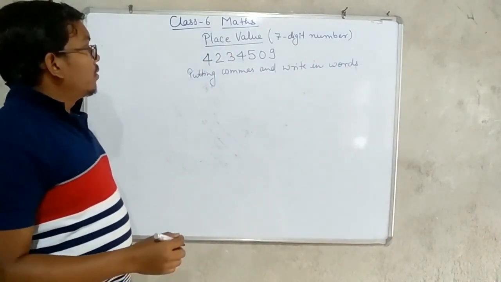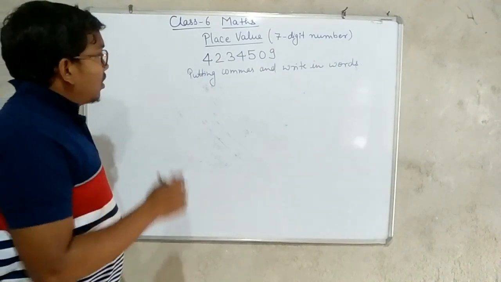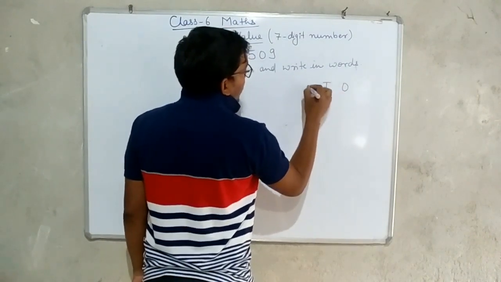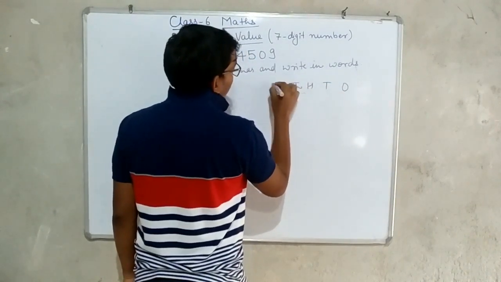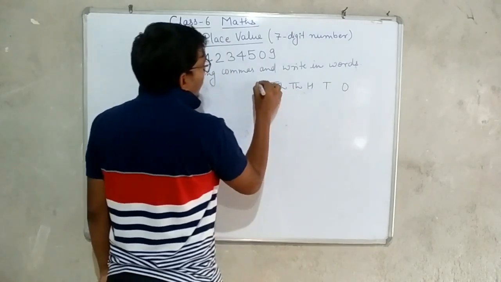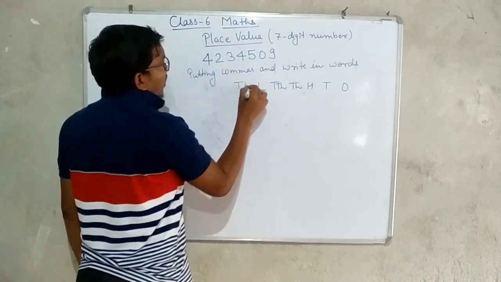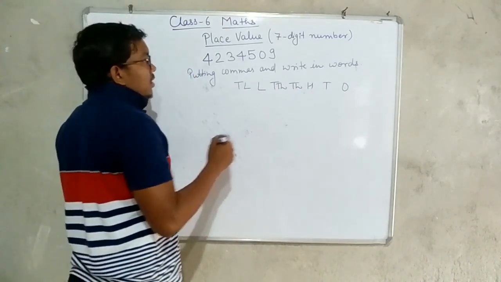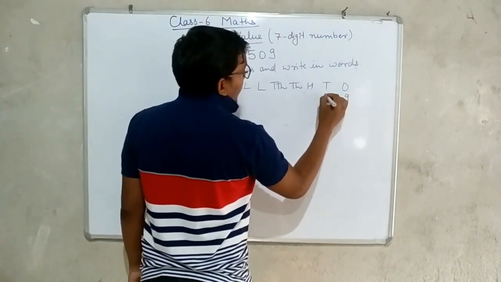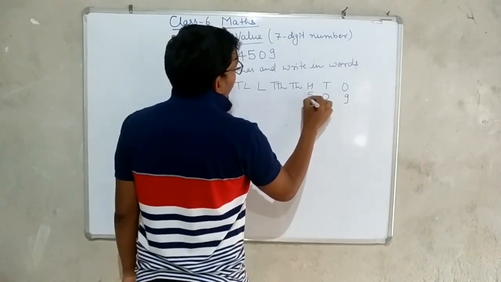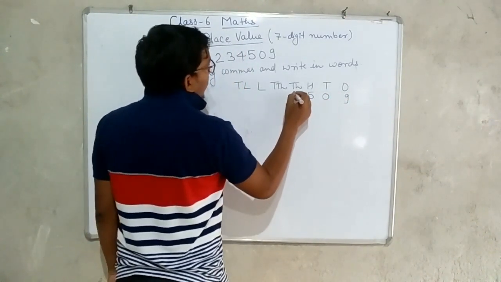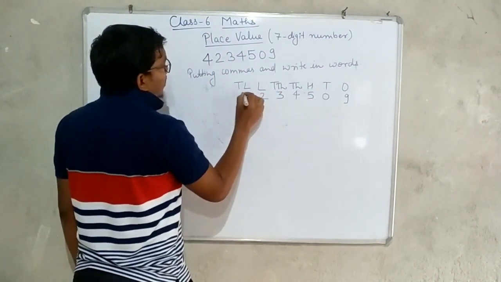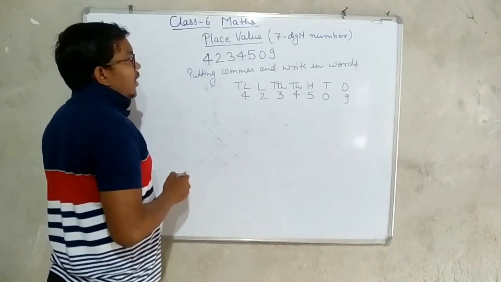So at first what we'll do, we'll draw a place value chart starting from ones, tens, 100, 1000, 10,000, lakh and 10 lakh, and we'll put the number according to their place. 9 in ones place, 0 in tens, 5 in 100, then 4 in 1000, 3 in 10,000, 2 in lakhs and 4 in 10 lakhs.